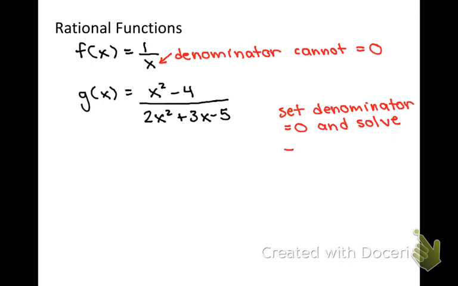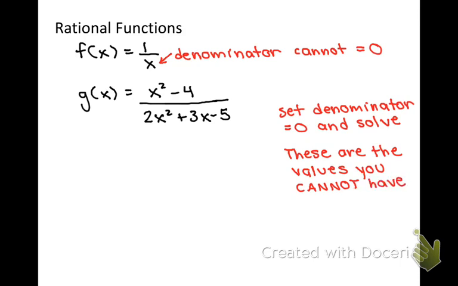So let's kind of just simplify this as our second bad thing: we can't have a number over 0.